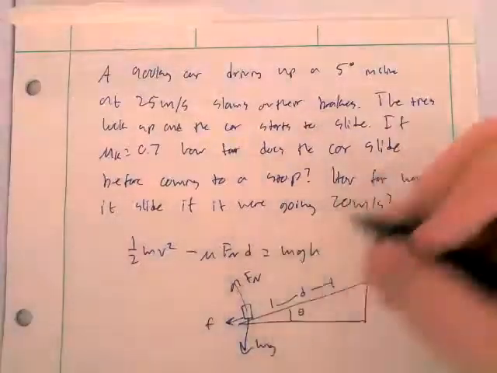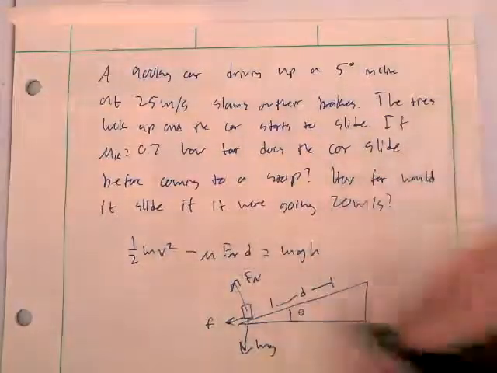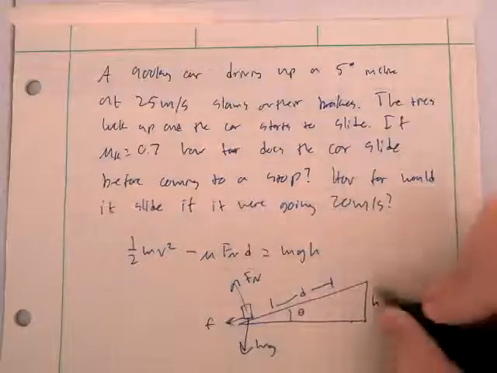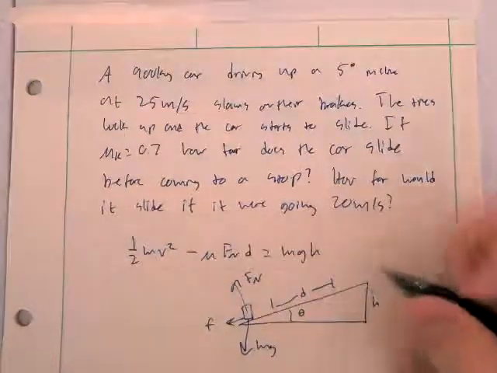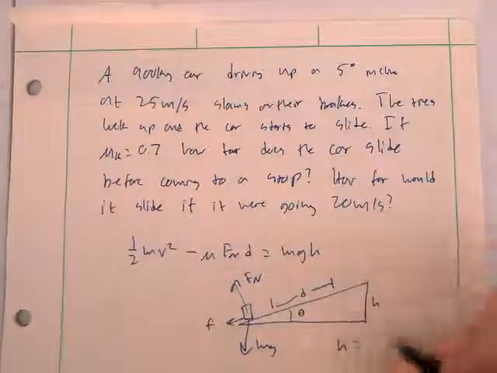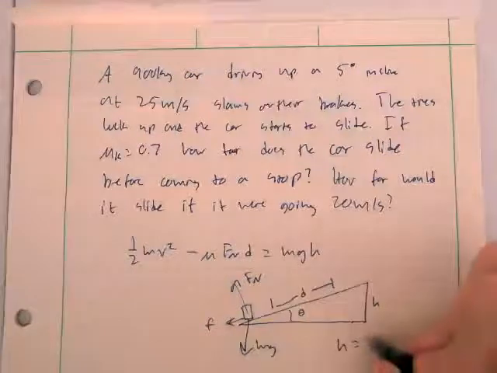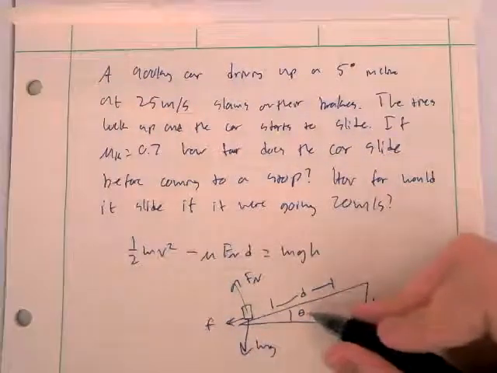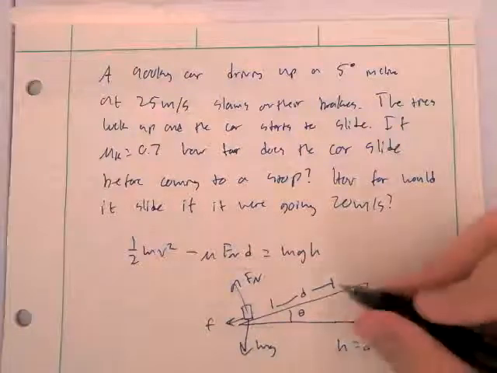So let's figure out what this relationship is first between h and d. So the vertical distance h here is going to be related to d. We can say that h is actually just going to be d times the sine of theta, right? Sine of theta equals opposite over hypotenuse.